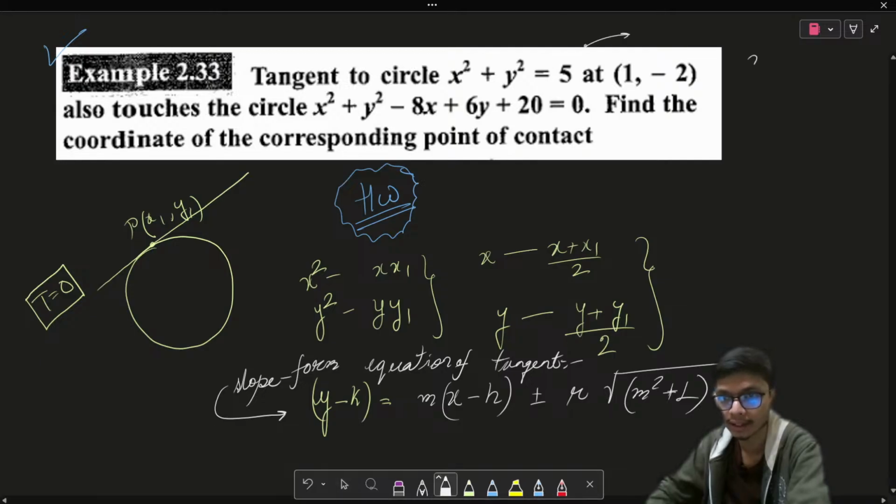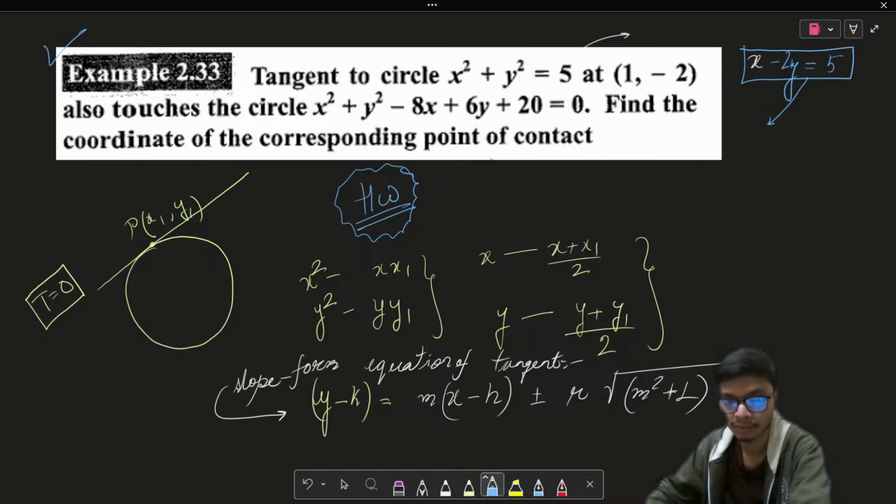So this will look something like x minus 2y equals to 5. That will be the tangent to the first circle, and this particular tangent touches the second circle as well. So you have to find that particular point of contact. If you consider this as the tangent for the second circle, you can find out the point of contact.